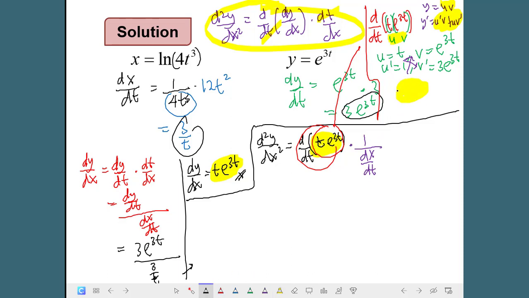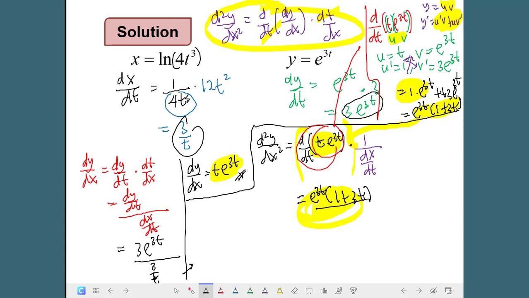That is equal to 1 times e^(3t) plus t times 3e^(3t), and factorize e^(3t), get 1 plus 3t. Then substitute here. So it is equal to e^(3t) times (1 plus 3t) over dx/dt, which is 3 over t.